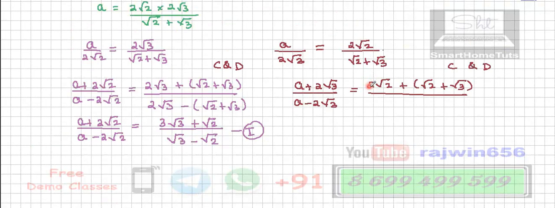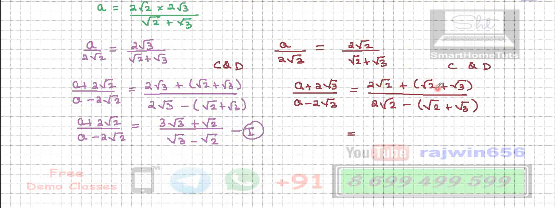So the same thing is repeated here in the denominator: 2 root 2 minus (root 2 plus root 3). We are simply going to simplify the numerator and the denominator.